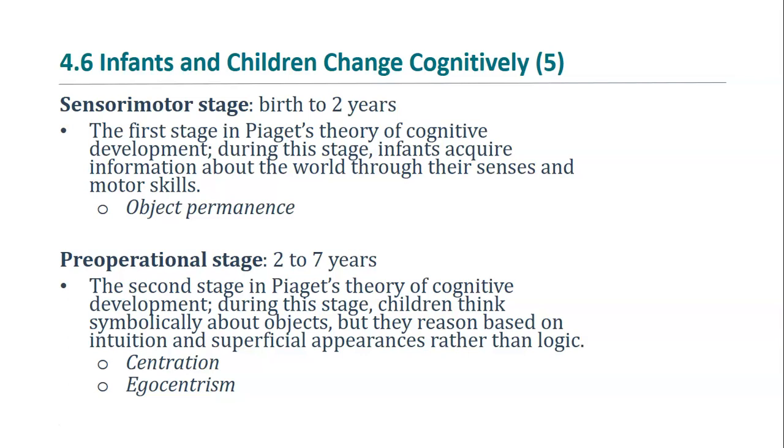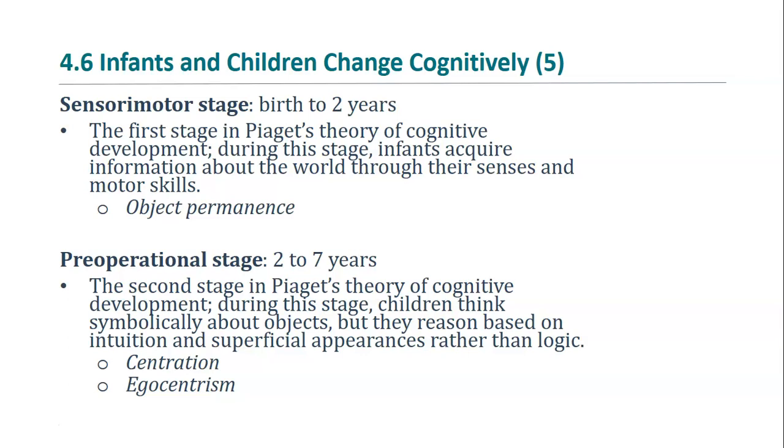During this time, children increasingly use more sophisticated language and representational thought. They're able to plan their actions before engaging in them. Importantly, this is when theory of mind tends to develop, and also children develop more capacity for empathy. However, their cognitive abilities are still somewhat limited.